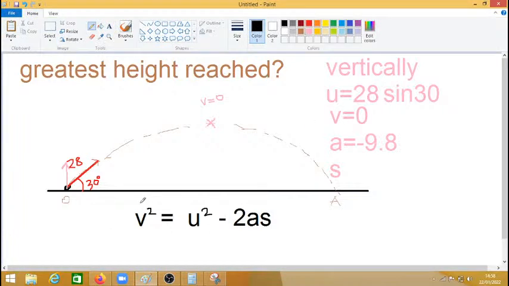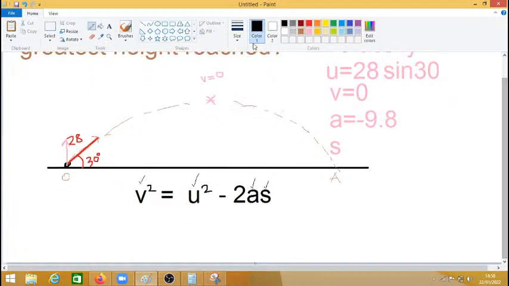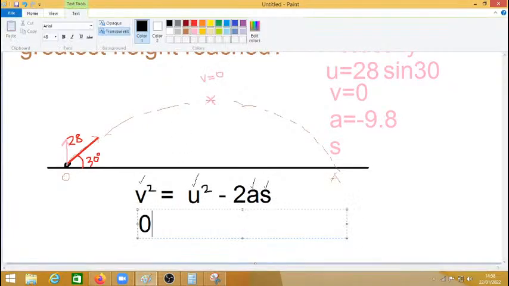The v is equal to 0. The u is equal to 28 sine 30. The acceleration is minus 9.8. And the s is unknown. So it looks like we've got everything we need. Let's put that in. So the vertical velocity is 0. The u is 28 sine 30.